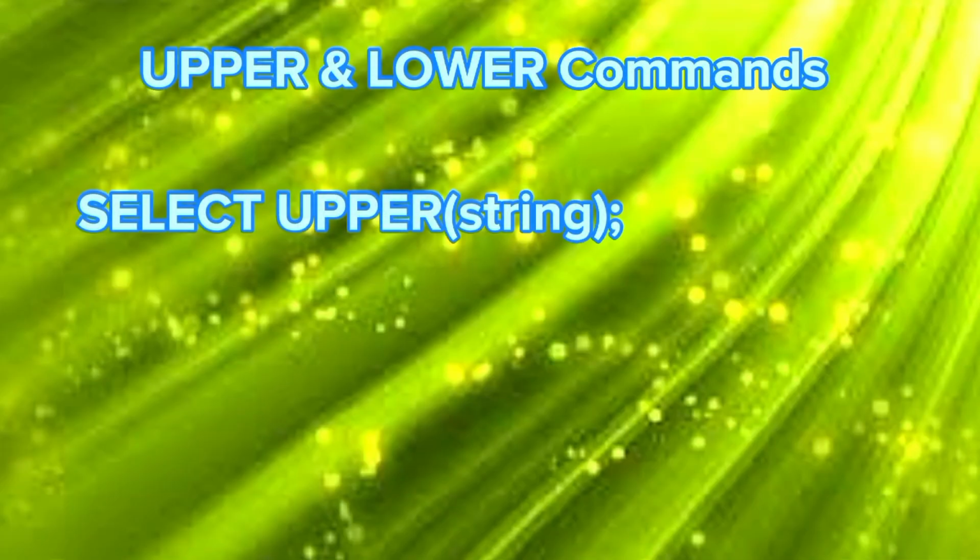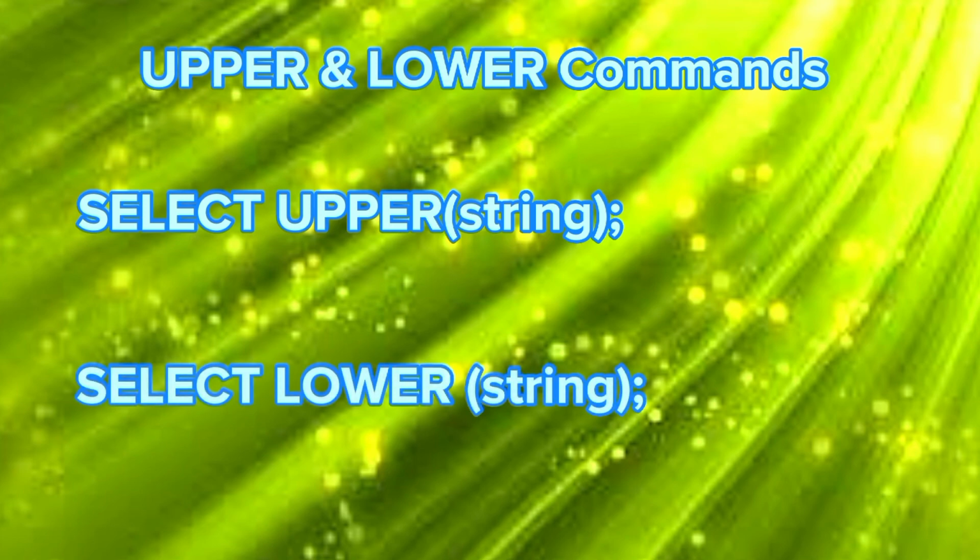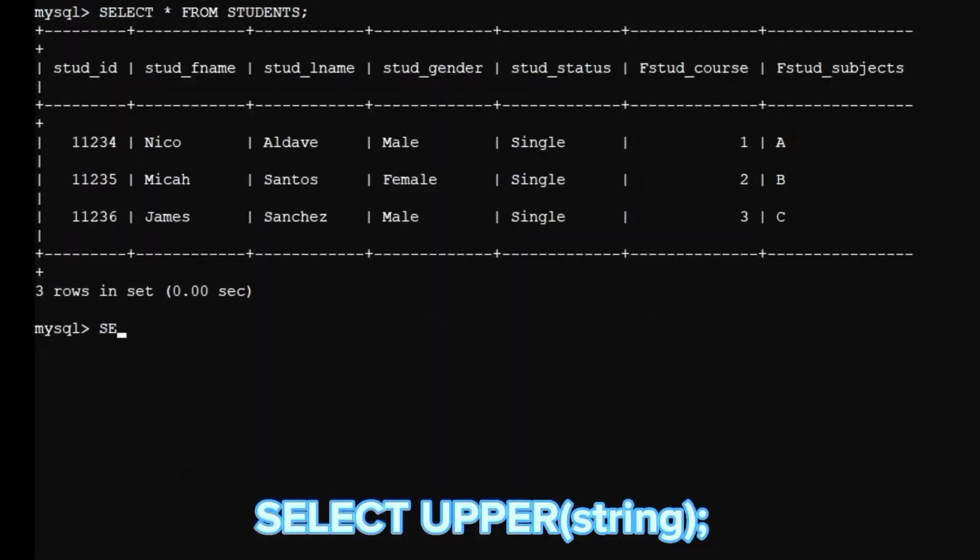Ang function aning upper command guys is himuon o capital ang imong string, and opposite sa lower command, ang imong string himoon og small letters. So ang syntax, select upper, open parenthesis, string, close parenthesis, and semicolon. Sa lower, select lower, open parenthesis, string, close parenthesis, and semicolon.